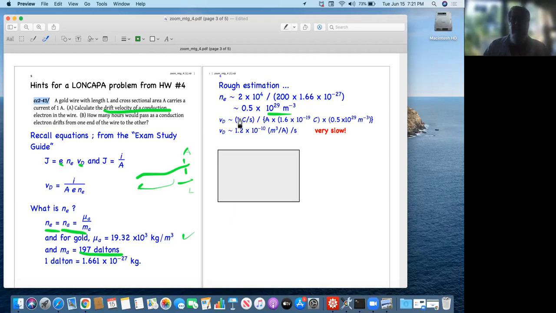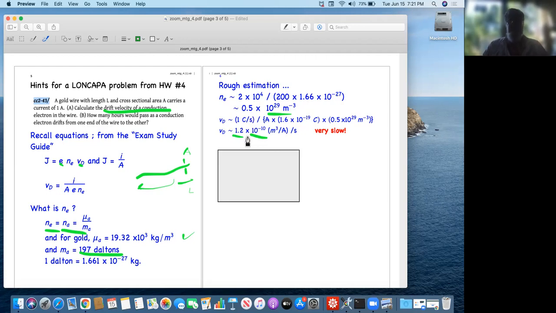If you just look at the powers of 10, it's 1 over 10 to the minus 19 times 10 to the 29. So it'll be of the order of 10 to the minus 10.